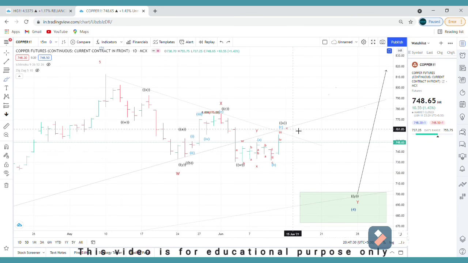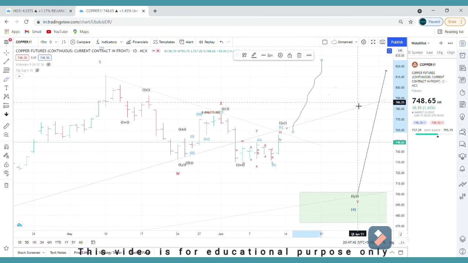This is just a scenario, and it's not necessary that the market will behave exactly as we expect. It may happen that from here it just zooms upside. But if that happens, we will not be chasing that trade. We will be trading if and only if it gives a move as per our setup and our expectation, then only will we be entering.